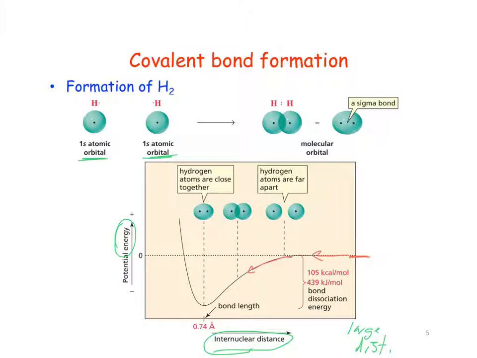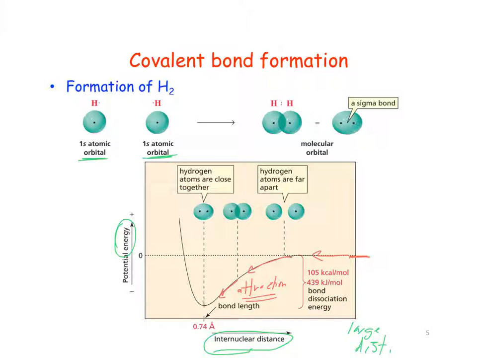Remember, each of those atoms is going to be more stable if it can get a full electron shell. So they are going to be attracted. This is an attraction here. They're gaining stability by pairing up their electrons.